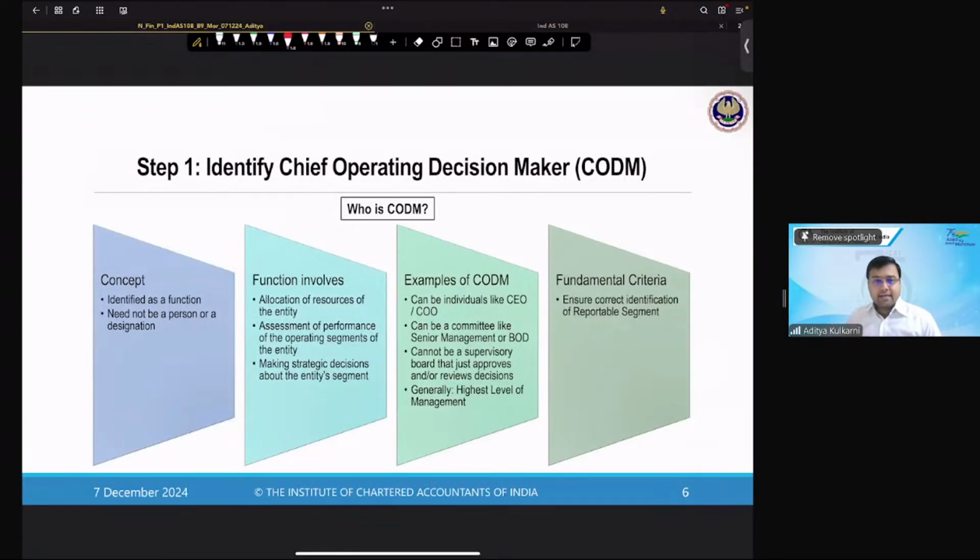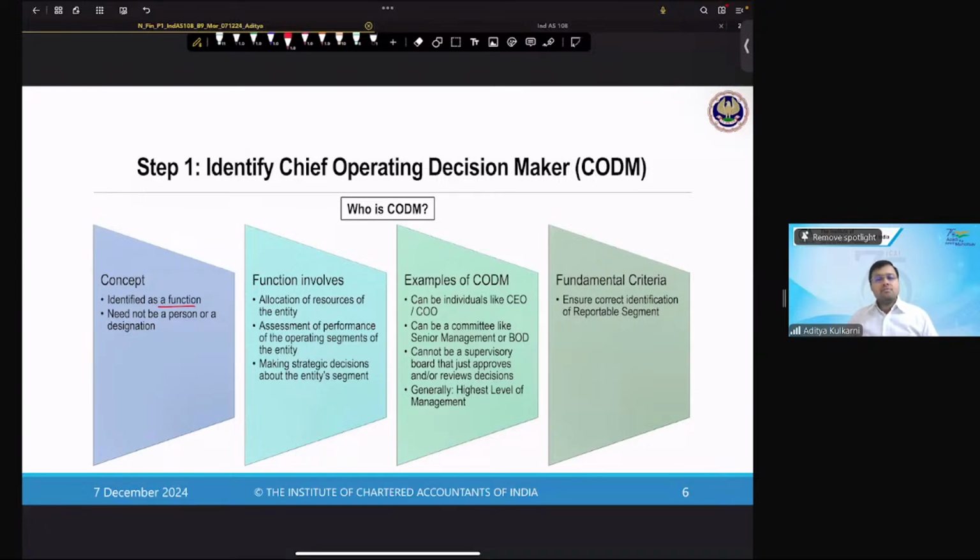But understand, Ind AS 108 talks about the chief operating decision maker as a function. It is not restricting it to a person or a designation. So if there is no designation, there is no COO, CEO in the organization, do you think that CODM will not be present?